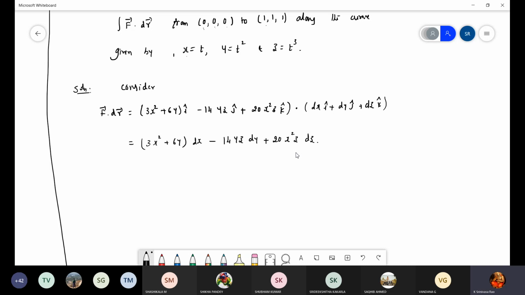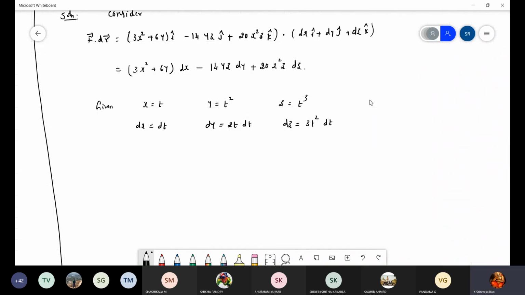First with first, second with second, and third with third multiplication. Now, given x equals t, y equals t square, and z equals t cube, calculate dx, that is just dt, dy is 2t dt, and dz is 3t square dt, and substitute it.